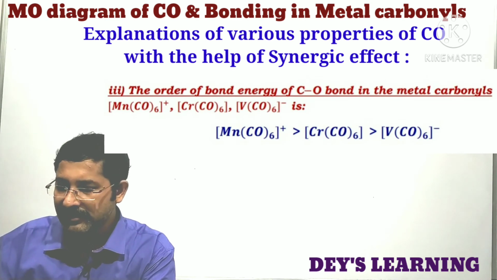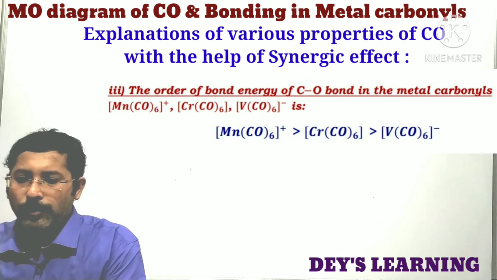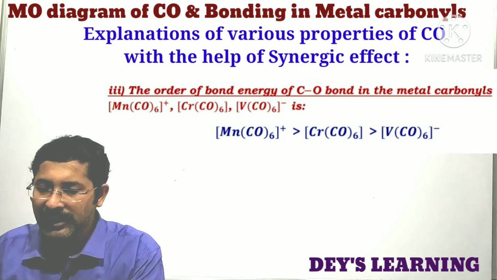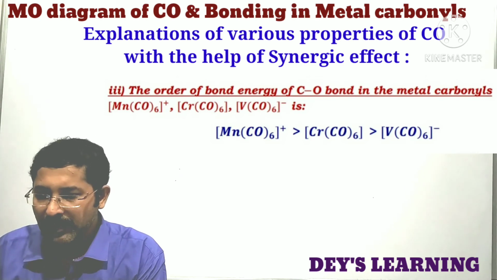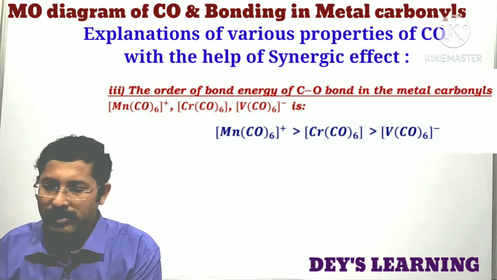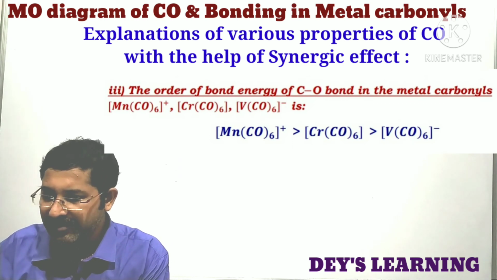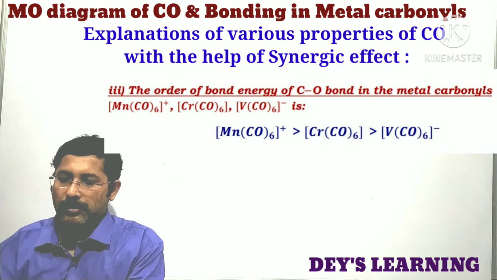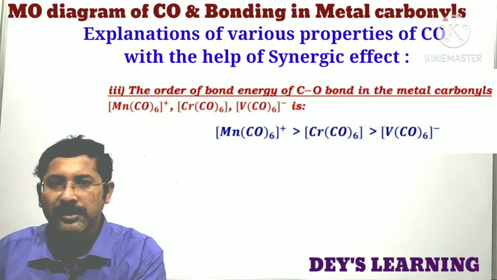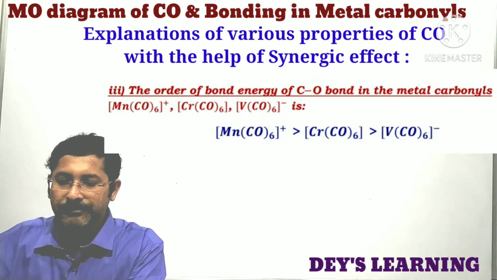Next fact is the order of bond energy. This question is set in many competitive exams. Let us consider three metal carbonyl species. We have to arrange these metal carbonyls in the order of their carbon oxygen bond energy.